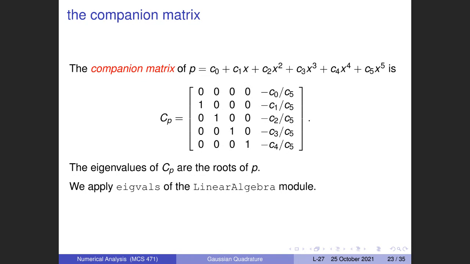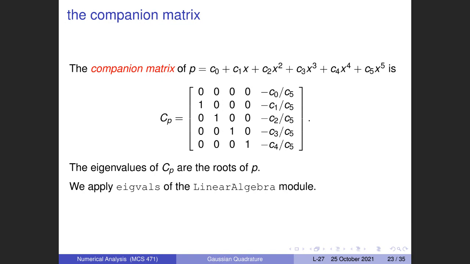For every polynomial, we can write down a corresponding eigenvalue problem via the companion matrix. So here is the companion matrix for any polynomial up to degree 5. It's important that there's an honest polynomial of degree 5. We divide out by the highest degree coefficient.